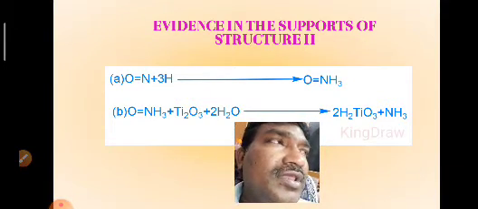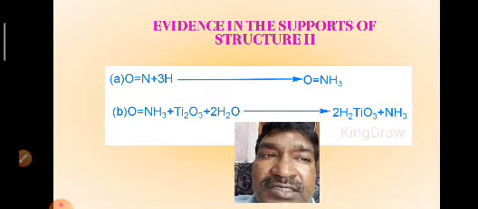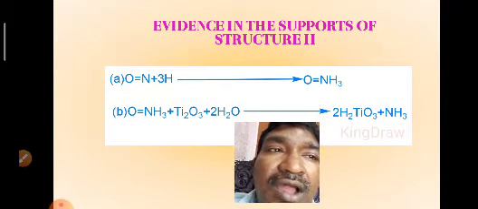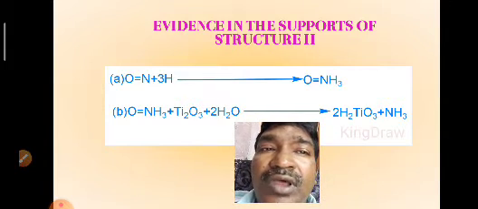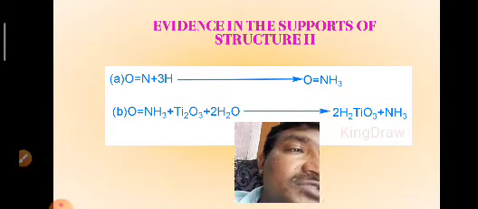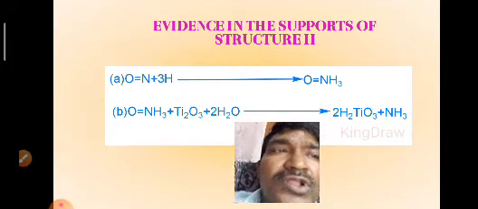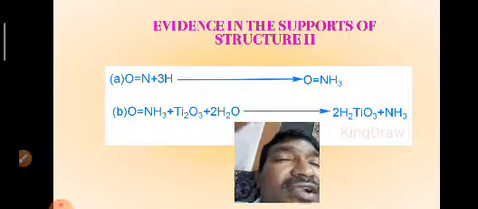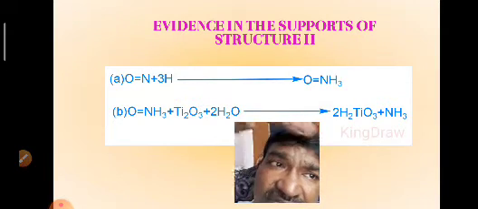So the preparation of hydroxylamine using nitric oxide is a strong proof for structure 2. The second one is that hydroxylamine reduces titanium trioxide and forms titanic acid, H2TiO3, and gives ammonia. So the formation of ammonia in this second reaction confirms that hydroxylamine also has structure 2.